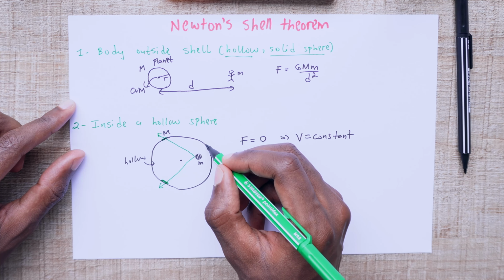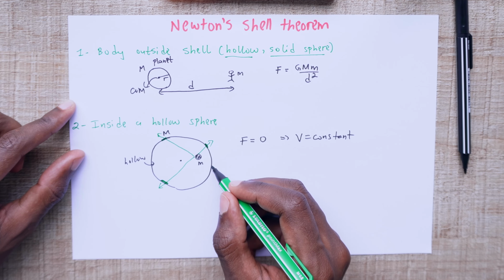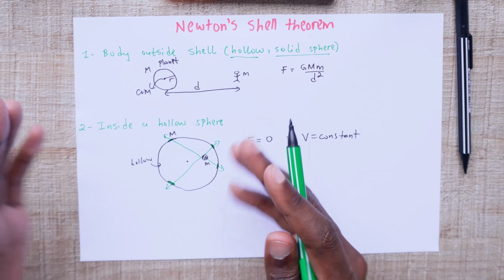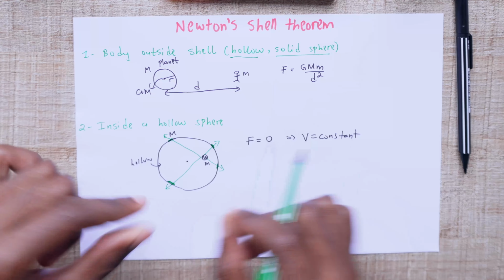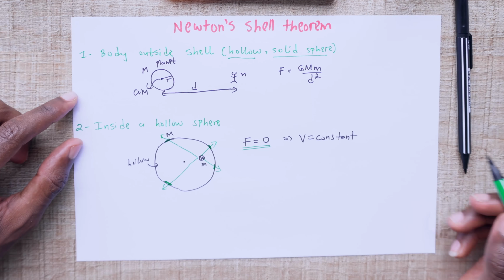You can also picture a portion of mass here that exerts a force, and another one here that's symmetric to it exerting another force. So in total, when you sum up all the forces contributed by each portion, it's 0. So it's really kind of intuitive.